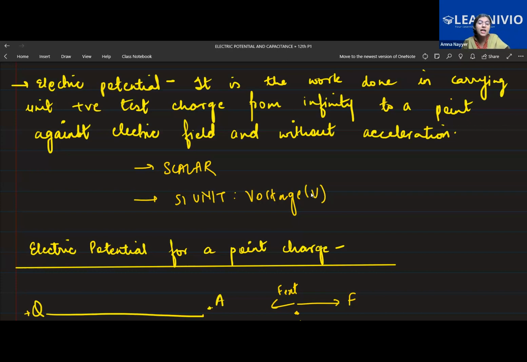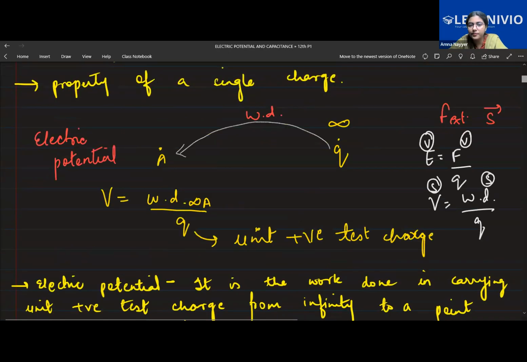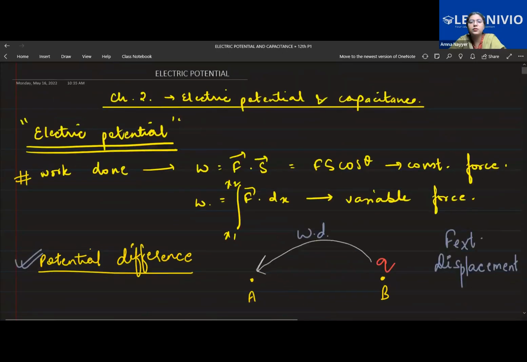But if the charge is brought from infinity to that particular point against electric field and without acceleration, then we will say this is electric potential, whose formula for a point charge we will see, but this is the basic definition. Is that clear to both of you, Jasleen, Ibrahim? Yes, ma'am. Okay, and Jasleen also, it's clear.